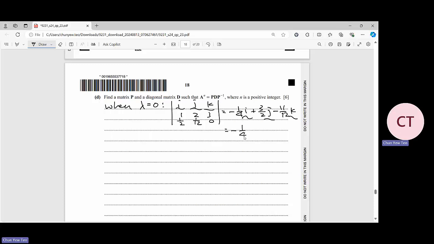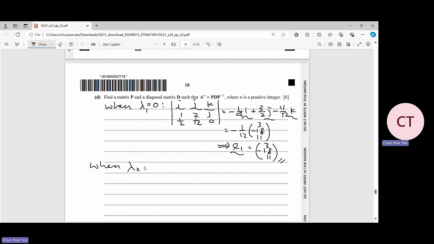Factorize the common factor out. I want to make the vector integer. So this one is 3, negative 18 and 11. Okay, so this is for lambda 1. My E1 is 3, negative 18, 11.